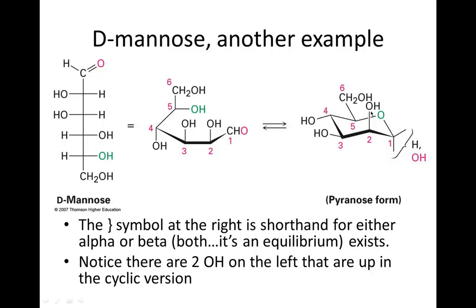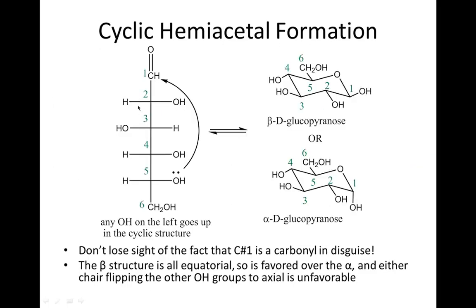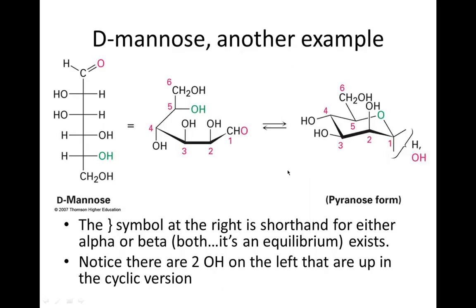And so on number 2, the up position is axial, and on number 3, the up position is equatorial. And so that's how you know. And if we go back again to this guy, remember only one of them was on the left here, and that's on number 3, and that one's up, and up is equatorial in either form of this ring. You should be able to do that.